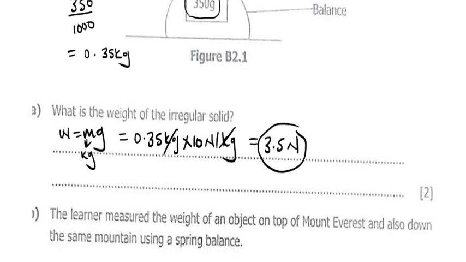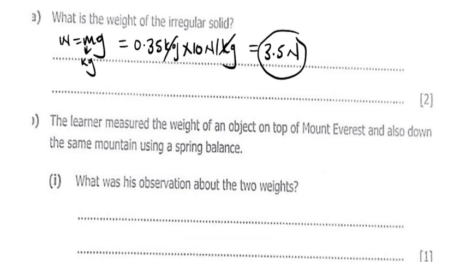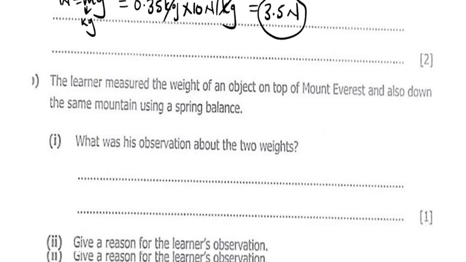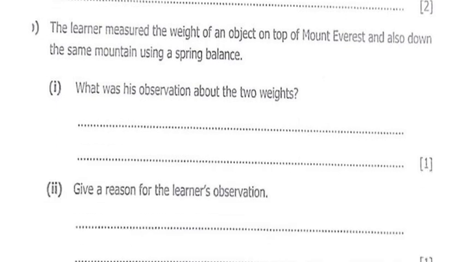We proceed. We look at part B. The learner measured the weight of an object on top of Mount Everest and also down the same mountain using a spring balance. So here we're looking at weight. What was his observation about the two weights?